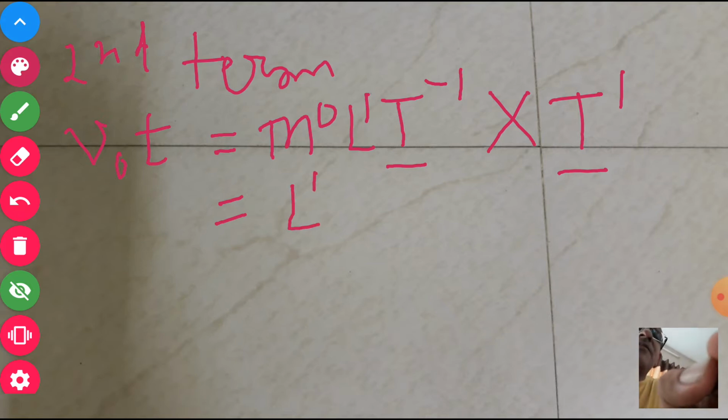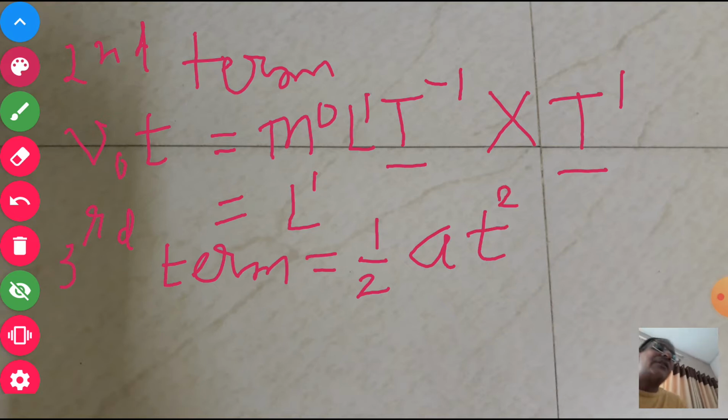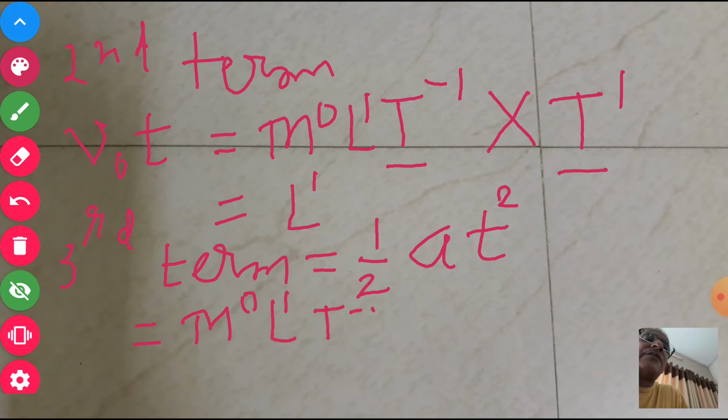Now we talk about the third term. What was the third term? 1 half a t square. Now 1 half is a number, and a number does not have any dimension. It is dimensionless or unitless, so no need to write anything for it. a is acceleration, so for acceleration we write the dimensions m0 L1 t raised to minus 2.